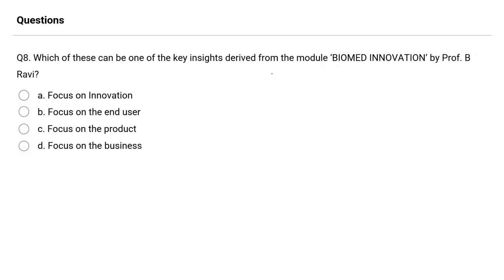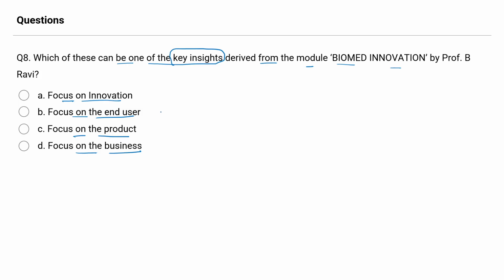Okay. Let's come to our question number 8. Which of these can be one of the key insights? We are talking about the key insights derived from the module Biomed Innovation. Focus on innovation, focus on the end user, focus on the product, and focus on the business. I think it's a very direct question.